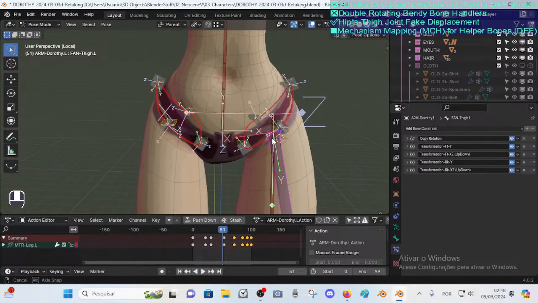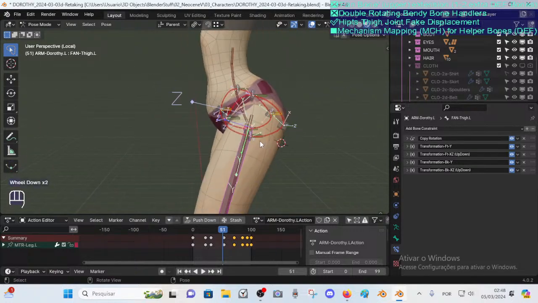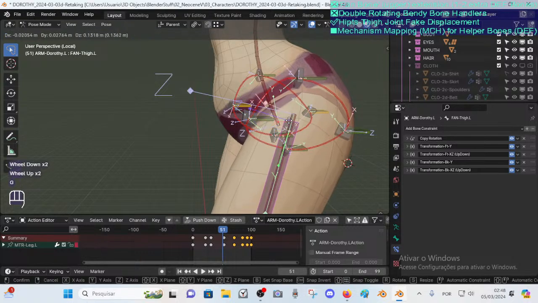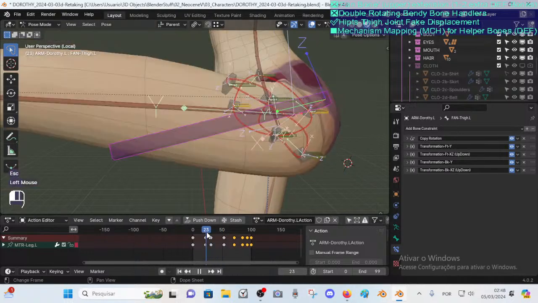So maybe those motions sometimes may be subtle, otherwise we'll get bad results out of it.